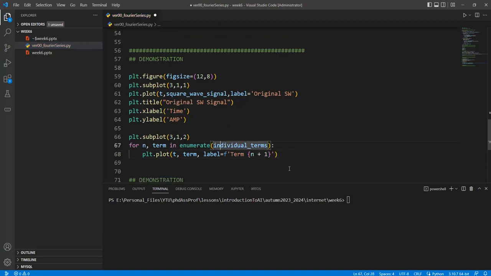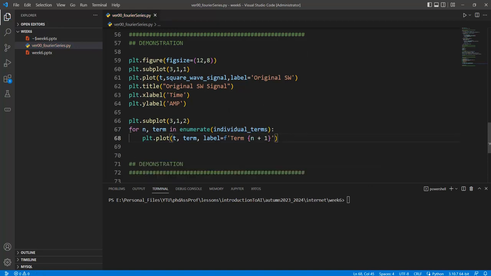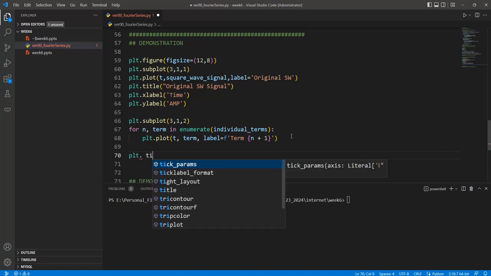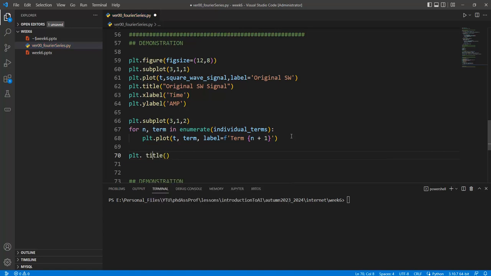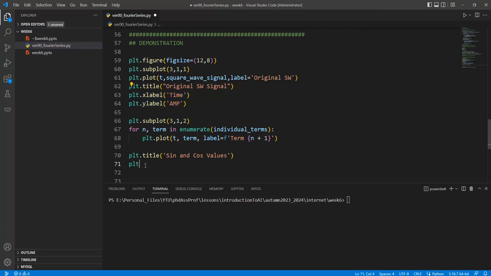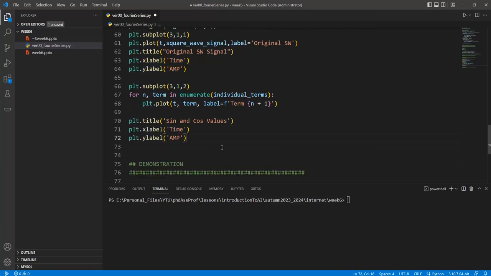Okay, and so if we have 10 terms, this subplot contains all the sine and cosine functions. Okay, so plt title is the sine and cos values, okay, and the xlabel and the ylabel are the same, okay.